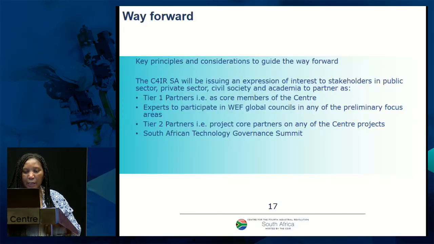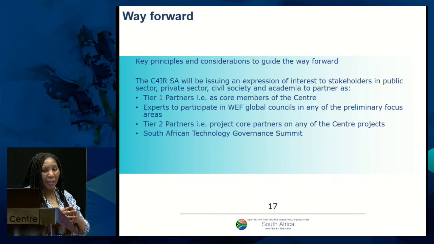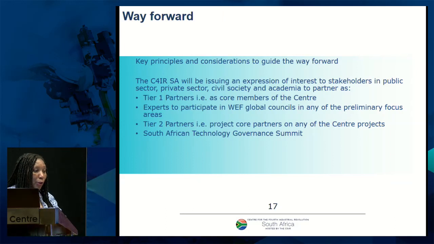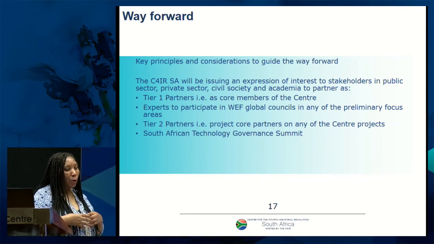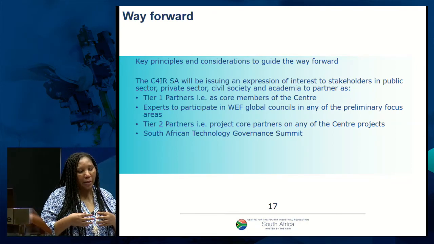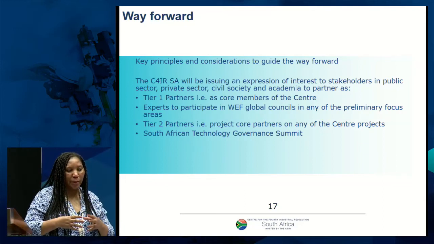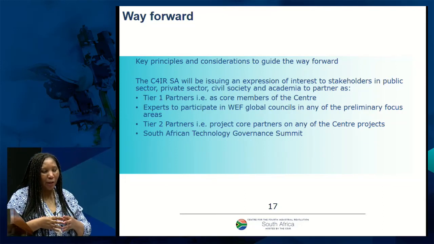So in terms of our next steps from here, the key principles and considerations to guide our way forward is that we'll be issuing an expression of interest to stakeholders in the public sector. We want to make it open. We have met organizations and individuals who have expressed interest to work with us.